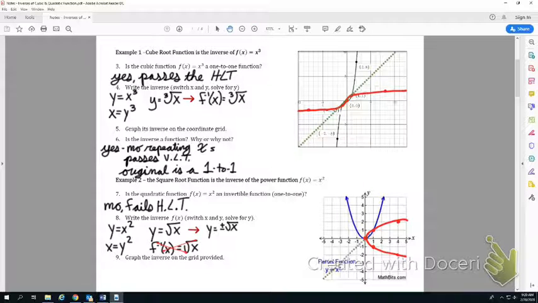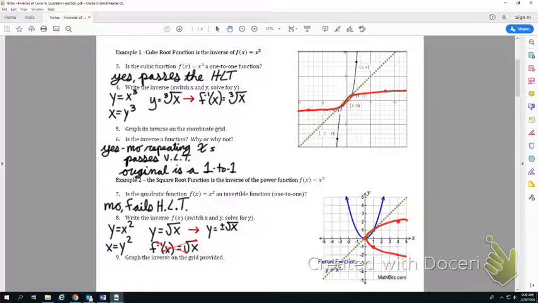Again, it is reflecting across that line. So if you're looking at this, again, the square root of 4 is 2, but it's also -2. For the same reason that 2 squared is 4, -2 squared is also 4. Okay? So make sure you're aware of that.